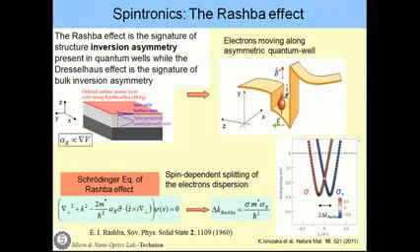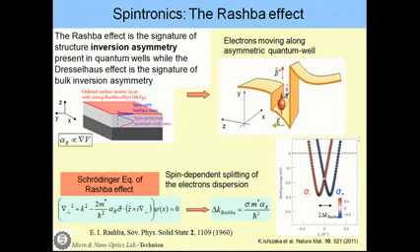Another very important effect is the Rashba effect, which is the signature of structural inversion asymmetry present in quantum wells. Forming inversion asymmetry in quantum wells results in a gradient of potential in the z direction.